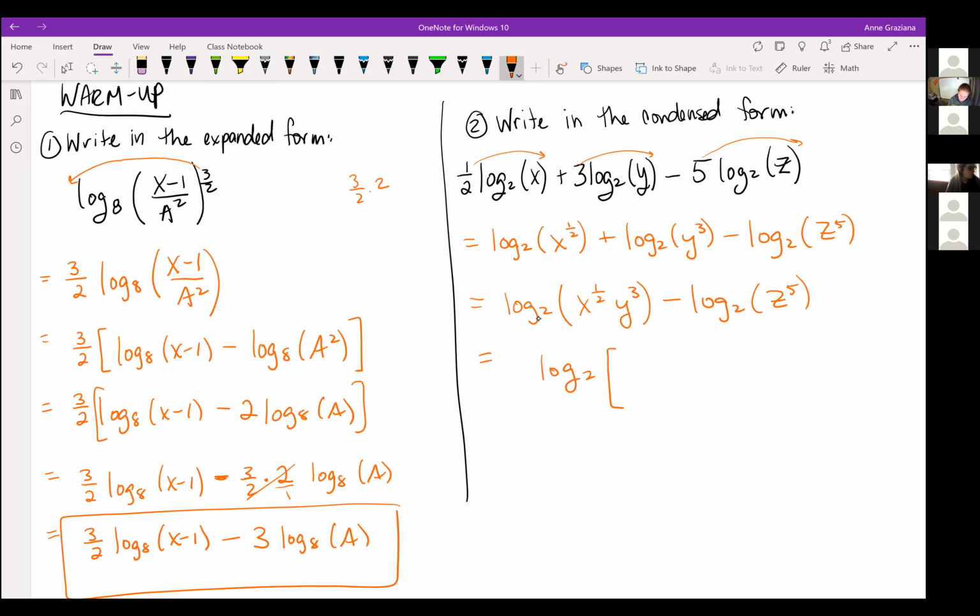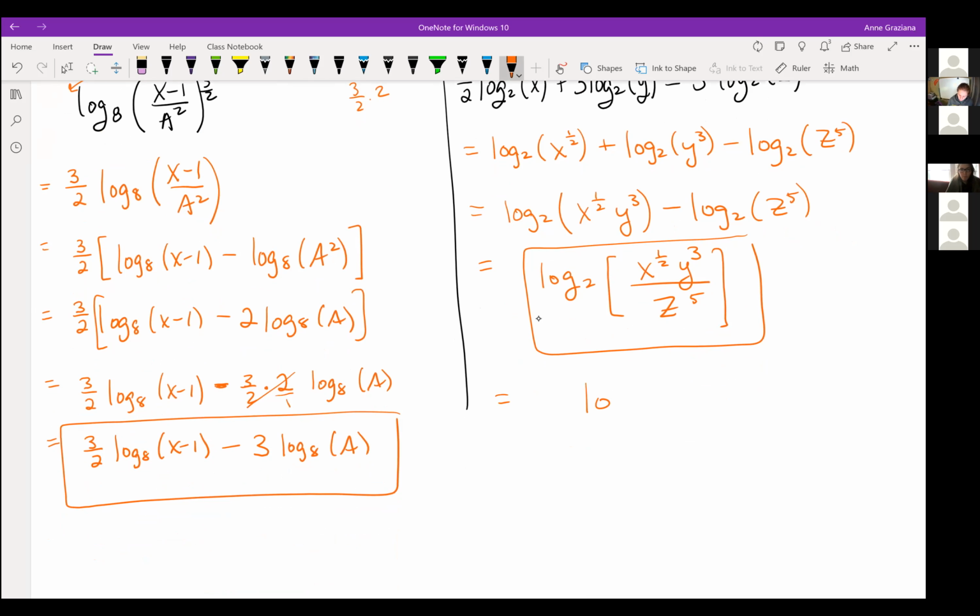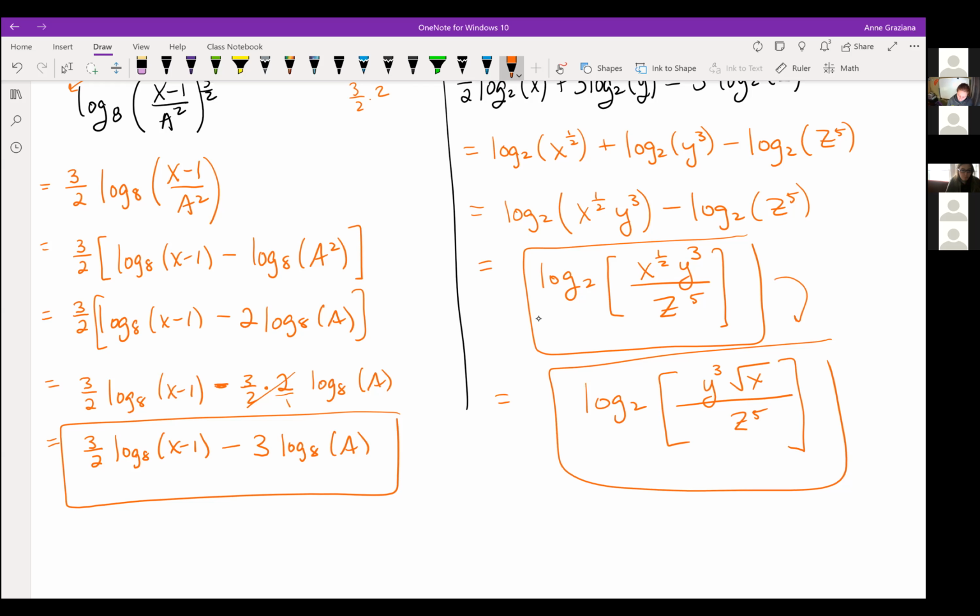Log base 2 of x to the 1/2 y to the 3rd over z to the 5th. Now that's fine, but x to the 1/2 is also, just realize that that is a root. So if you wanted to, you could write it like this. These are the same. Any questions?